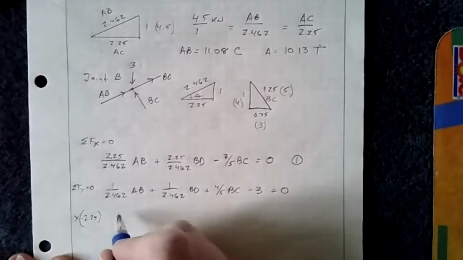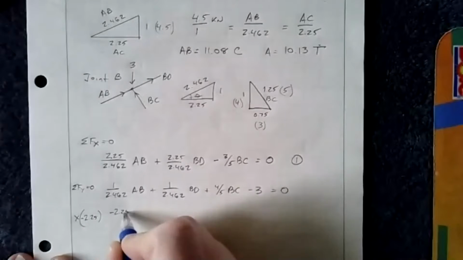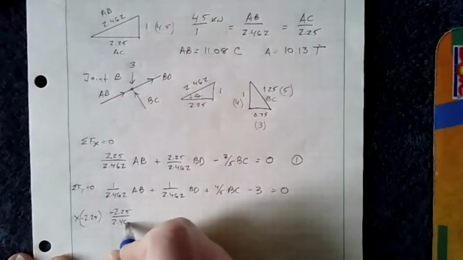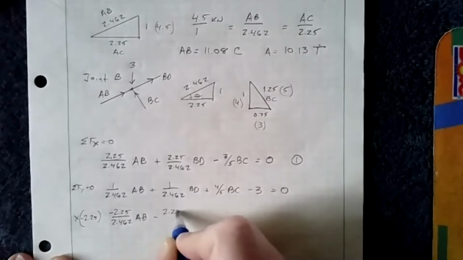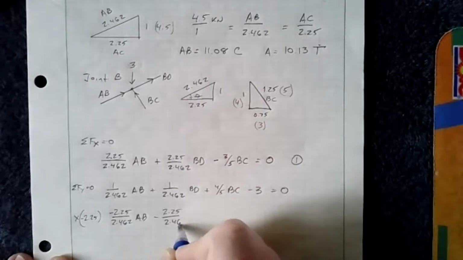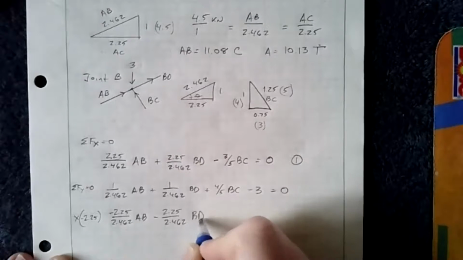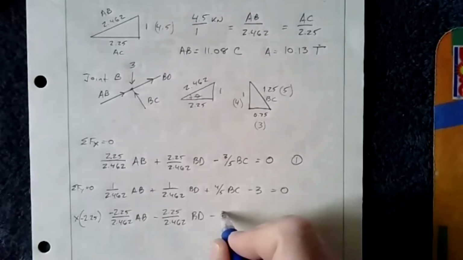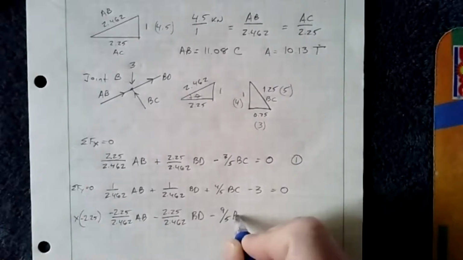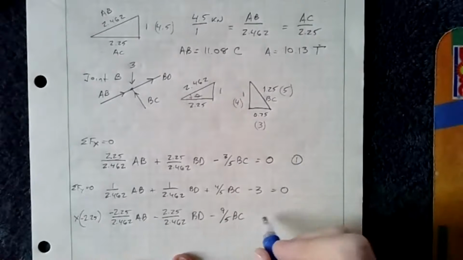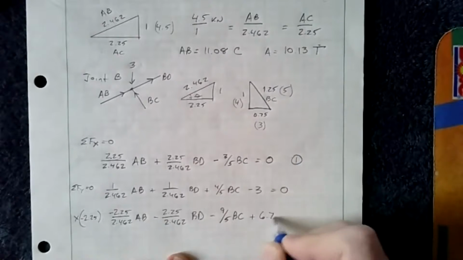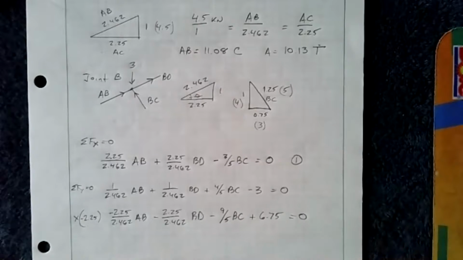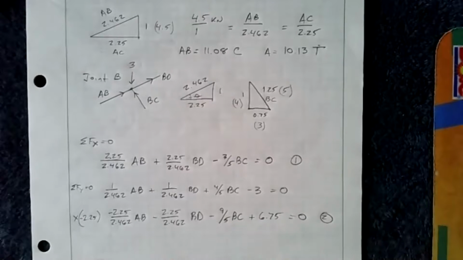I end up with negative 2.25 over 2.462 AB minus 2.25 over 2.462 BD minus 9/5 BC plus, because it's negative times a negative, 6.75, all equals 0. I'm going to call it my equation 2.